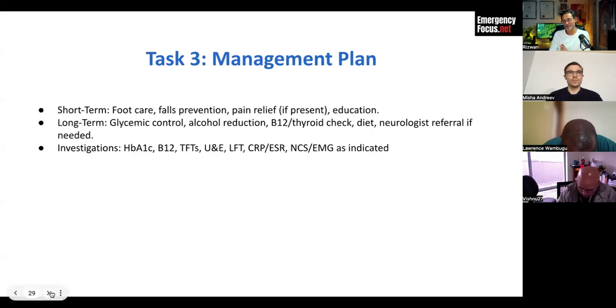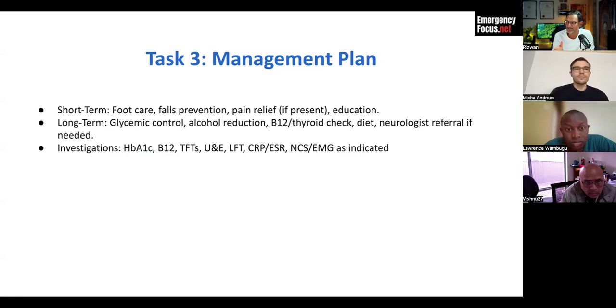Management, very crucial, very important, because I think the management would be 50-50 if it's plugged into this scenario, the short-term management and long-term management. Then neuropathic pain meds. Now, obviously, if he is saying pain, then you need to talk about a specific pain management. It's no longer about Panadol and Nurofen. It's all about neuropathic pain medication, which is like gabapentin or amitriptyline if there's no contraindication.